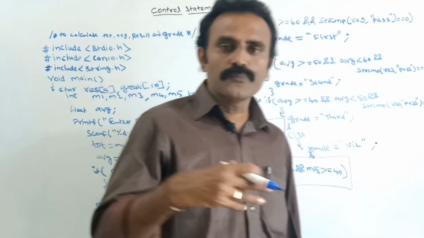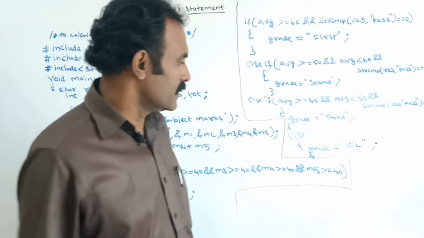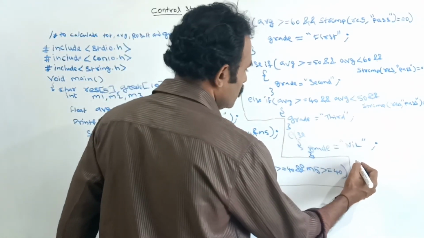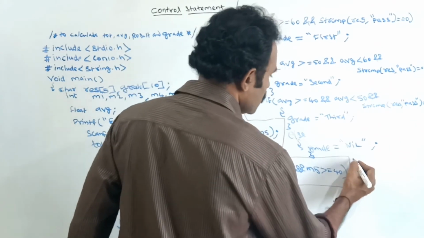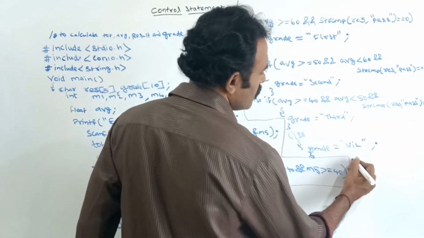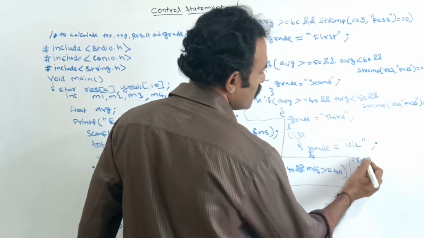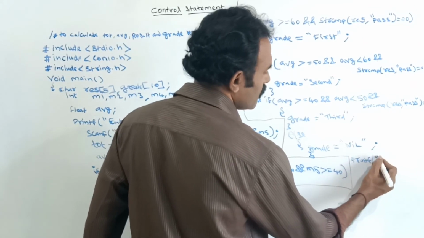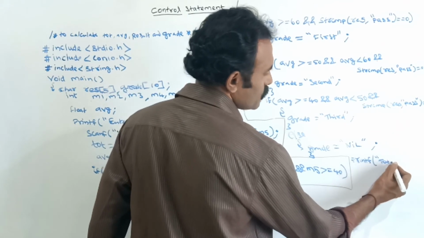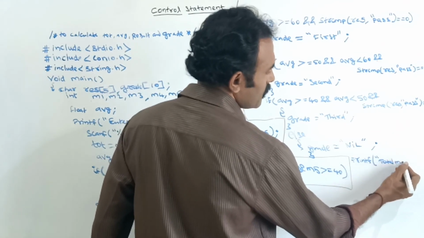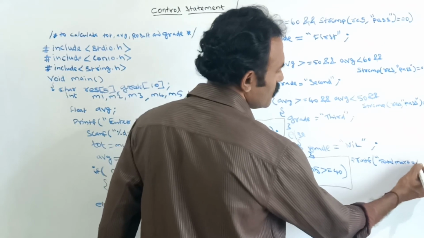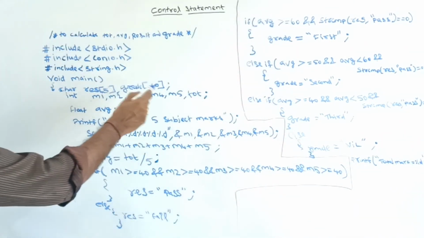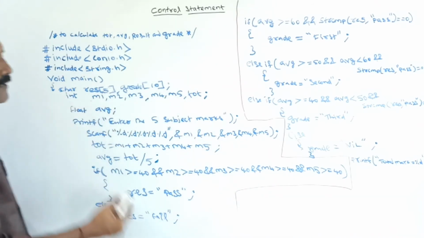Now we need to print every statement. Here printf, first total mark of the student, total mark is equal to percentage d, because the total comes under the integer data type.